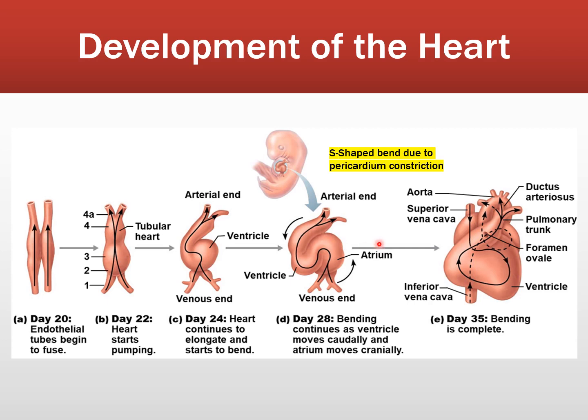Then it bends all the way around so that our ventricle is at the bottom, the atria are at the top, and that bulbus cordis stays at the same area up at the top to become those great vessels and part of that right ventricle. So again, I just want you to be familiar with those 4 fetal chambers, and that it is the first organ to start functioning and beating.